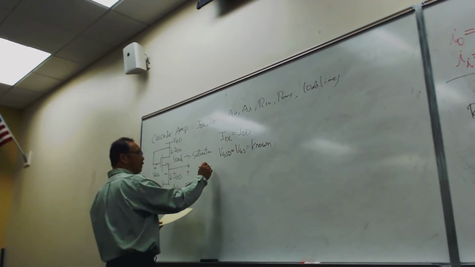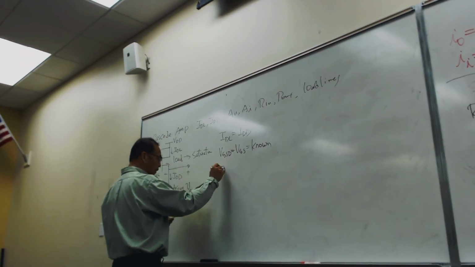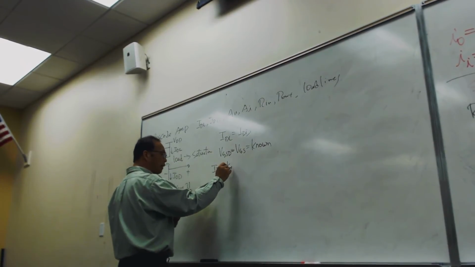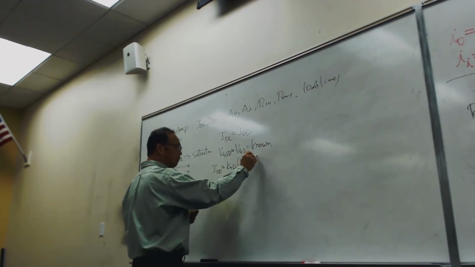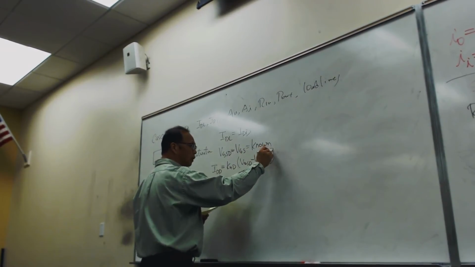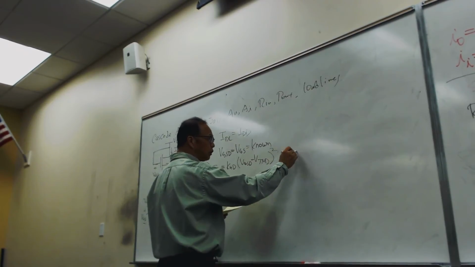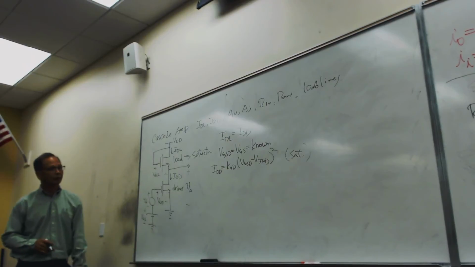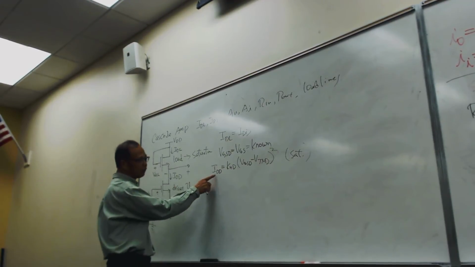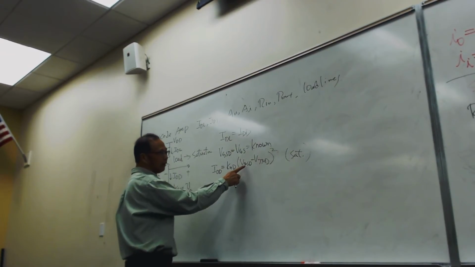All right, then IDD is equal to KND times (VGSD minus VTND) squared. Okay, if you assume saturation, huh? For the driver. So this is the drain current for the driver, right?